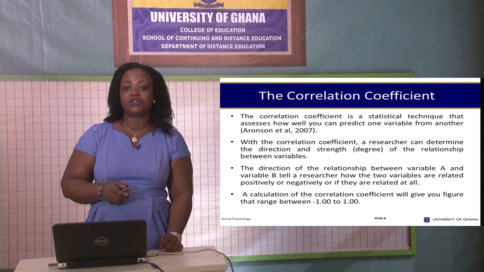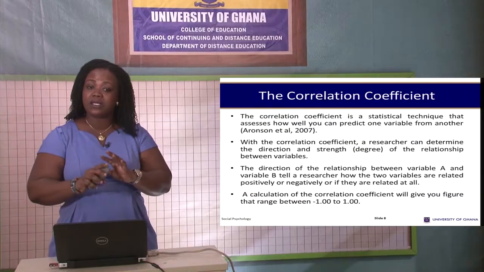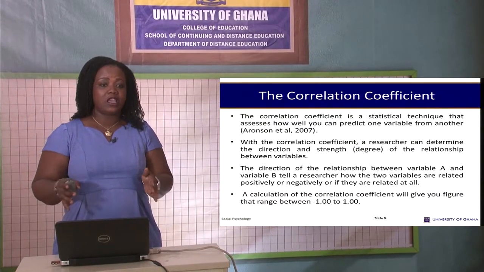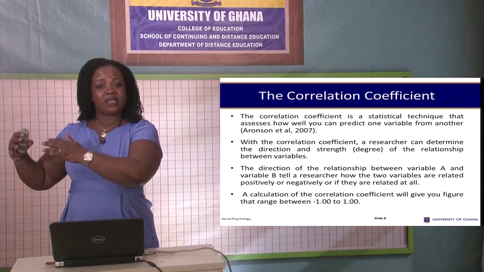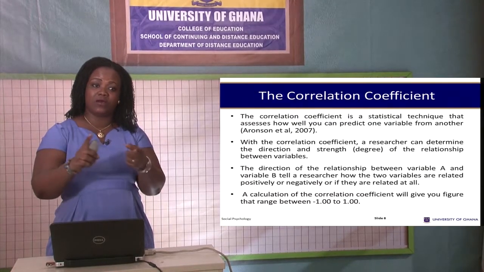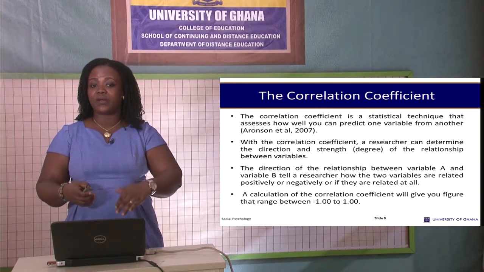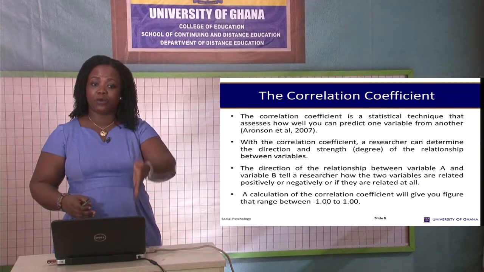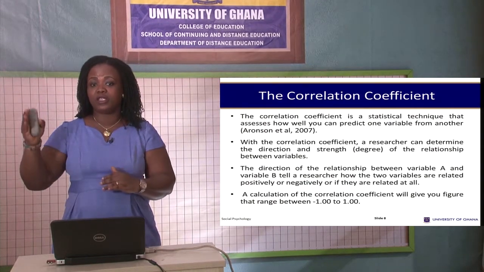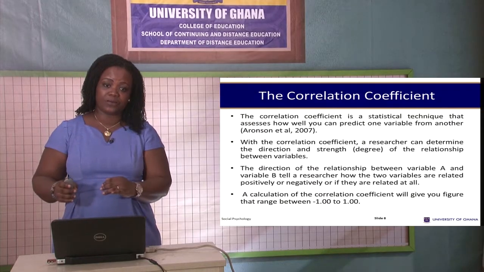Let me take a moment to explain this. Are they related? If you get 0, they are not related. If you get 1 or 0.5 or anything in the positives, they are related in a positive direction. What it means is that as teenage pregnancy increases, school dropout increases. As variable A increases, variable B increases. Related in a positive direction.